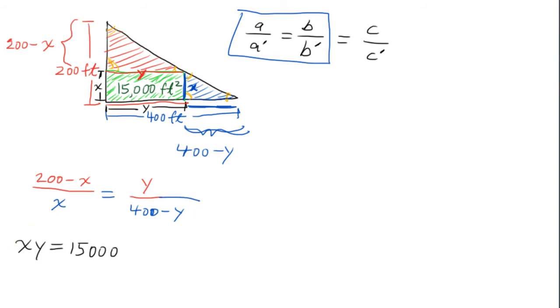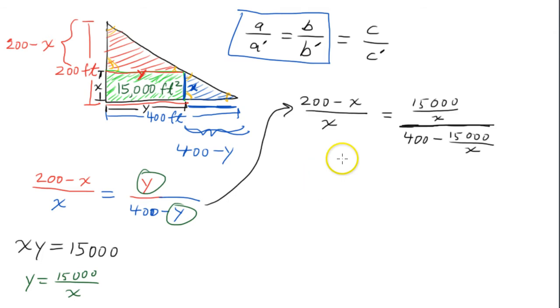We're going to solve for y, and so we get y equals 15,000 divided by x, and then I'm going to take that and plug it in every time I see a y in this, I'll call it the master equation. So let's do that, and I'll just do this in black here. So I'll write that out, and that's what we get.